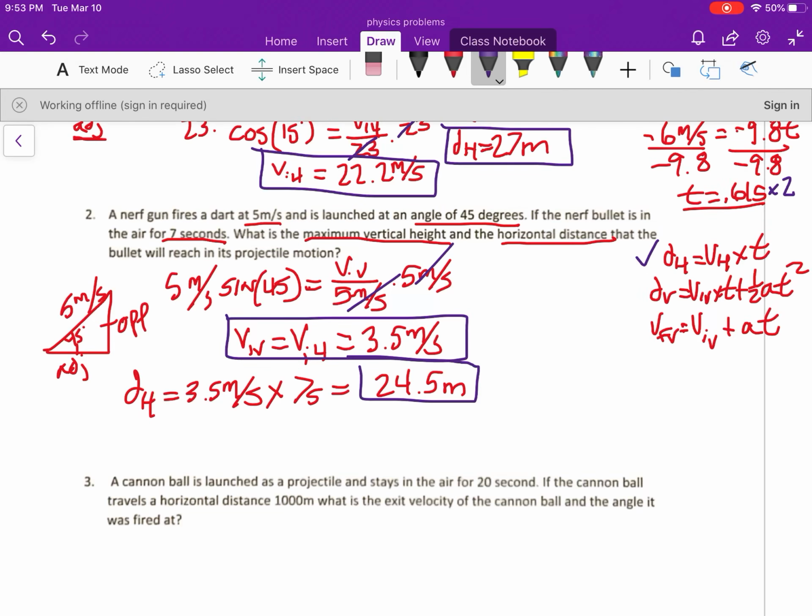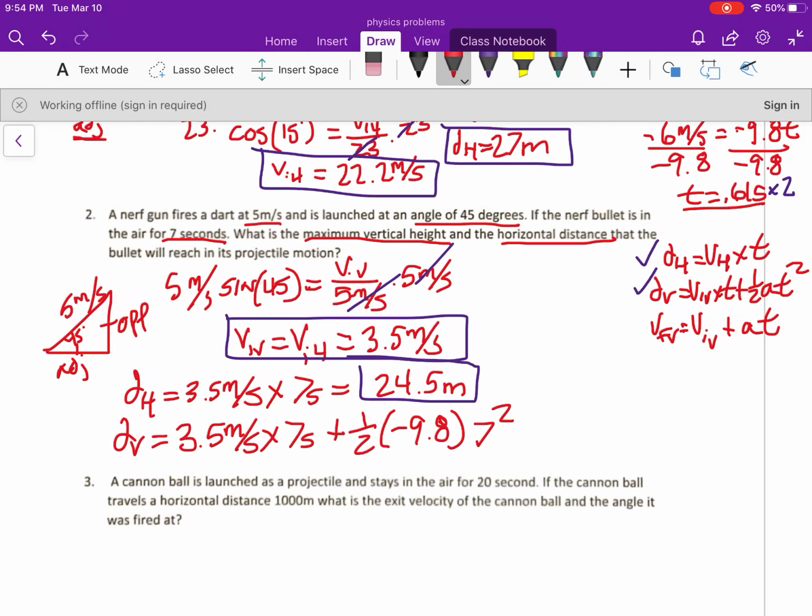The next one I'm going to need to use the second equation. So my vertical distance is equal to my initial vertical velocity, which is 3.5 meters per second, times my time, 7 seconds, plus 1/2 my acceleration, which is negative 9.8, and that's meters per second squared. I just didn't write it off.